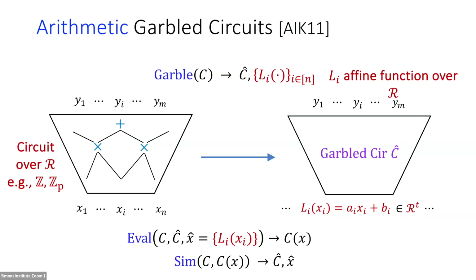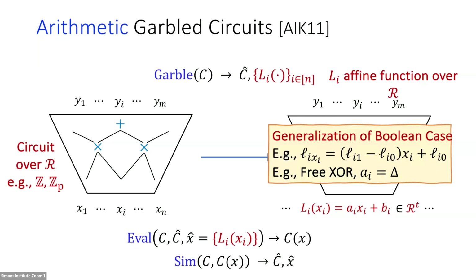Each affine function is defined by two keys, its coefficients A_i and B_i, and the label is the evaluation of this affine function. This is a strict generalization of the Boolean case, because choosing one out of two labels can be rewritten as an affine function with this A value and this B value. When we move to this mode, it opens up a lot of different possibilities.